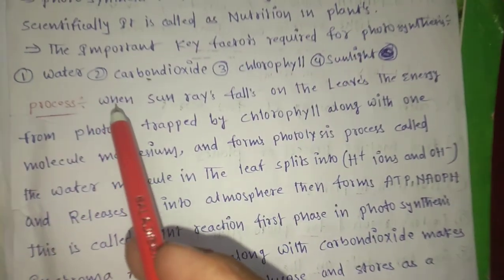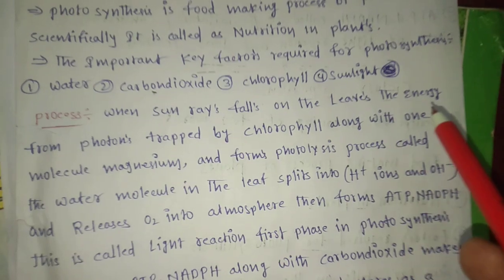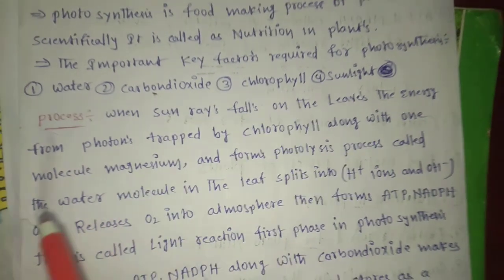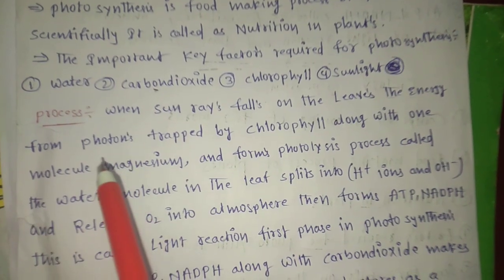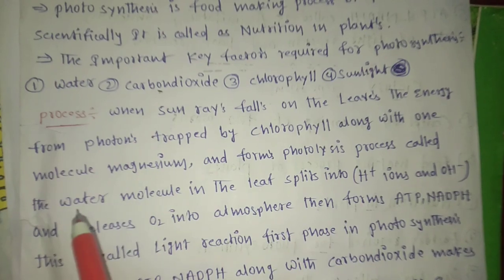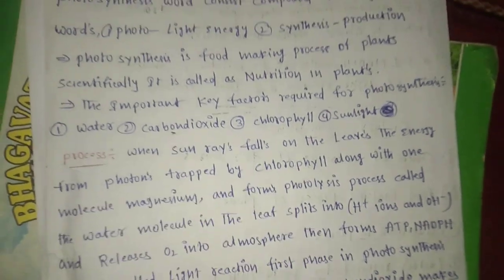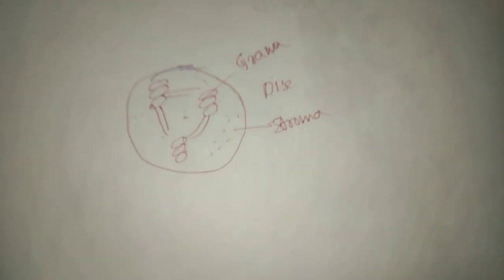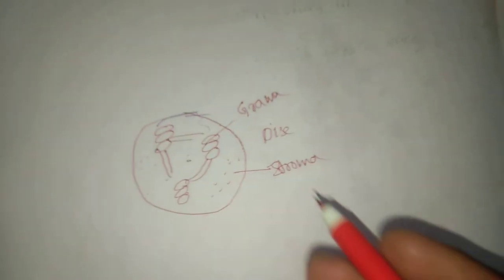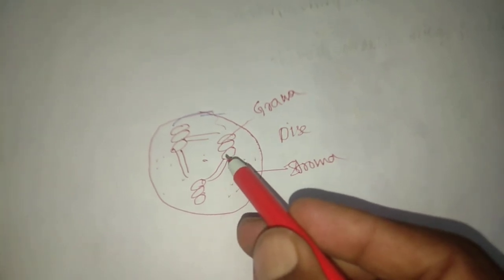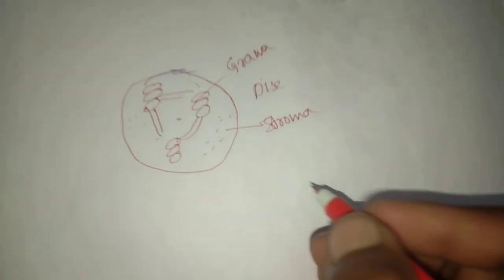When sunrays fall on the leaves, the energy from photons, meaning the sun energy, is trapped by the chlorophyll along with one molecule of magnesium ion. In the chloroplast there is grana, and in the grana there are chlorophyll molecules along with one magnesium molecule.